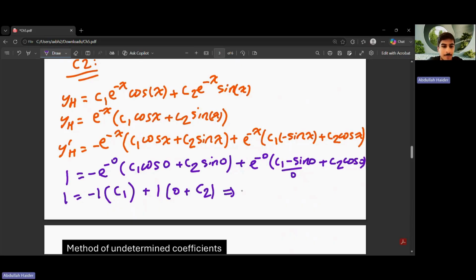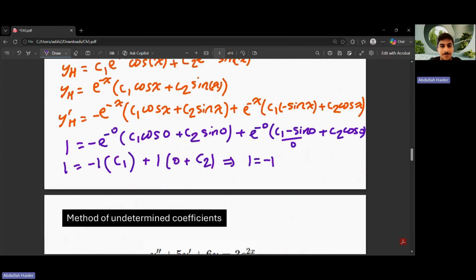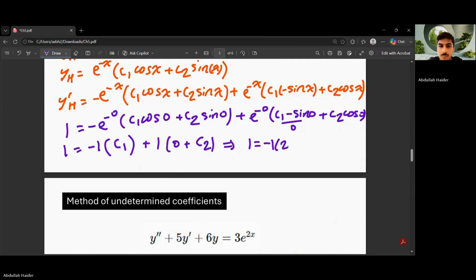So this will give us 1 is equal to negative 1. Now we found C1 from here. C1 is 2, plus 1 times C2. So we have 1 is equal to negative 2 plus C2, and our C2 will be equal to 3.